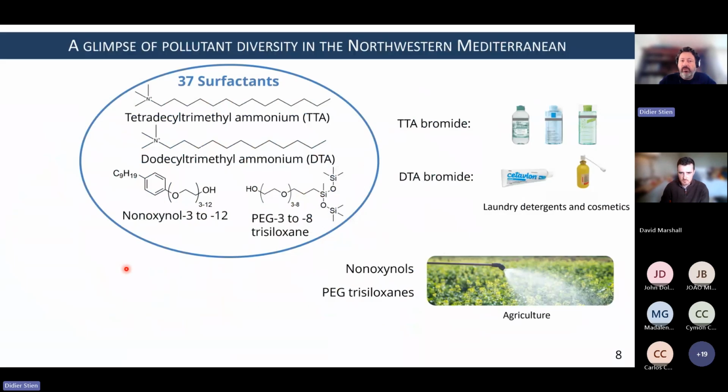We have 37 surfactants. 2 of them are quaternary ammonium. These compounds are present in laundry detergent and cosmetics. And there's a large concentration of these chemicals, in particular TTAB, and TTAB is from laundry detergent.